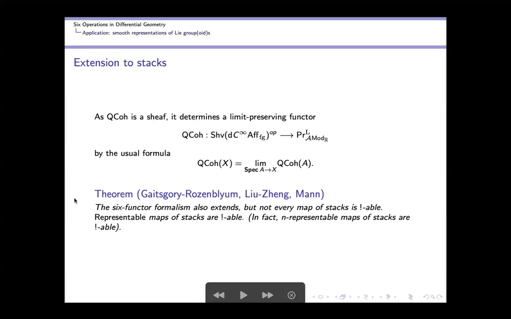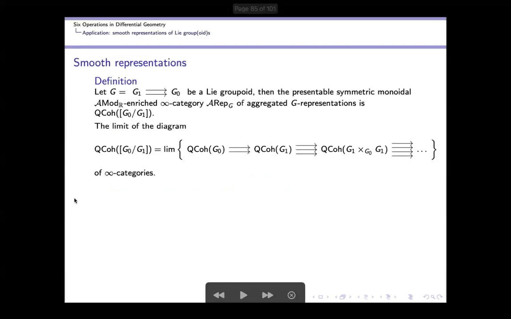So now some applications to representation theory. I can now just tell you what the category of representations of a Lie group or a Lie groupoid is. A Lie groupoid is a groupoid object in the category of manifolds.